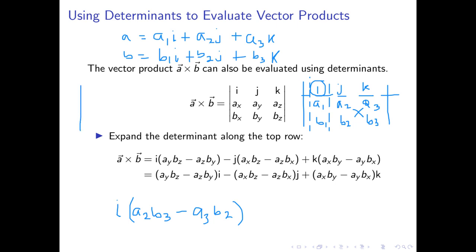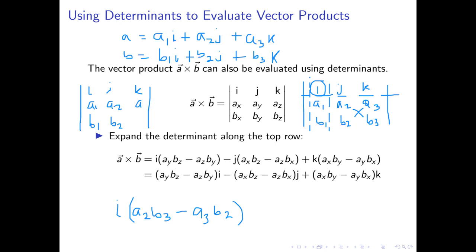This is I, this is J, this is K. Okay, so it's A1, B1, A2, B2, A3, B3.